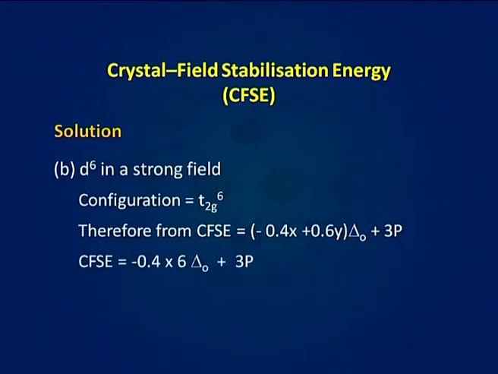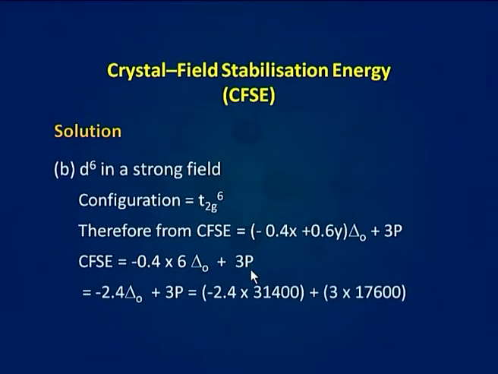Therefore, crystal field stabilization energy is equal to minus 0.4 multiplied by 6 delta O plus 3 into pairing energy. Putting the values of delta O and P, you will get the crystal field stabilization energy equal to minus 22560 per centimeter.